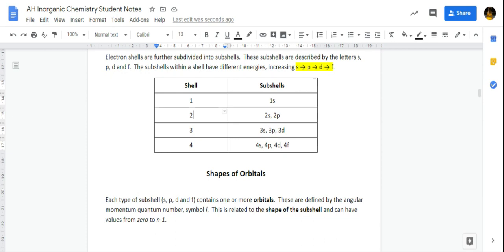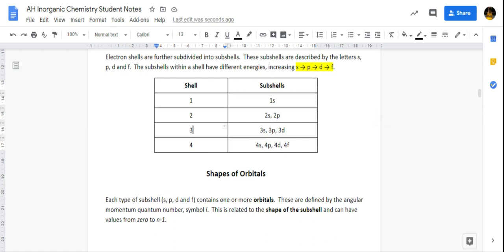So if you have 1 as your principal quantum number, you can only have one subshell because L will be equal to 0. If you have 2 as your principal quantum number, you can have two subshells. The 2s has an angular momentum quantum number of 0, and the 2p has an angular momentum quantum number equal to 1.